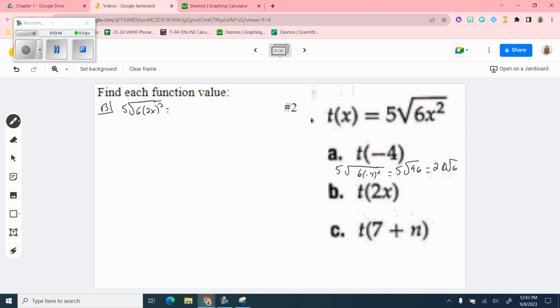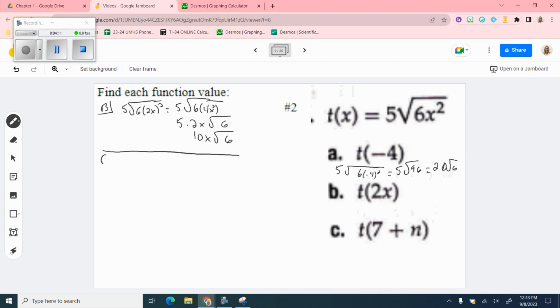You end up getting 5 times 6 times 4x squared here, but you can take the square root of that 4x squared to get 2x, so you end up with 5 times 2x square root of 6. So our final answer is 10x square root of 6 with that one.